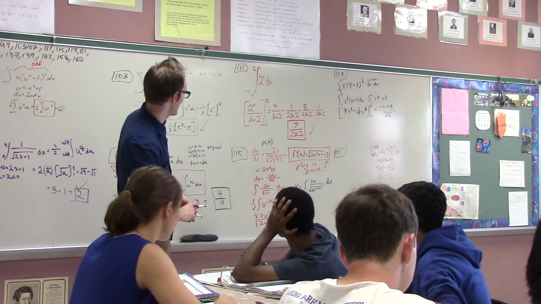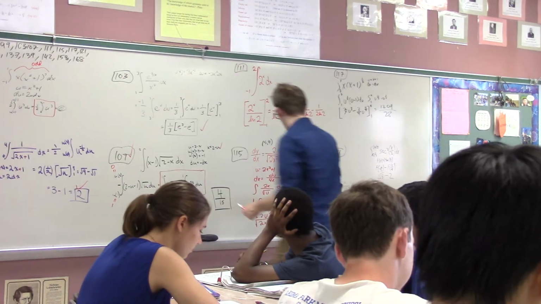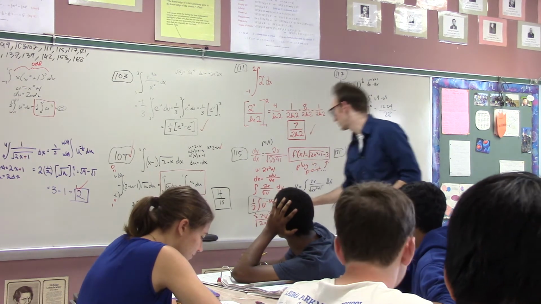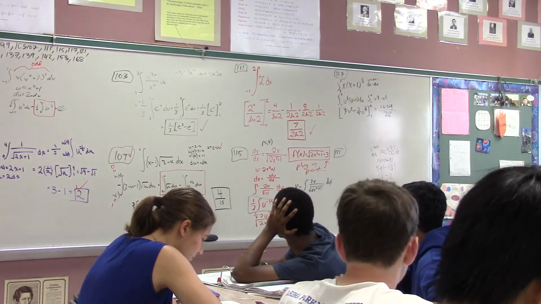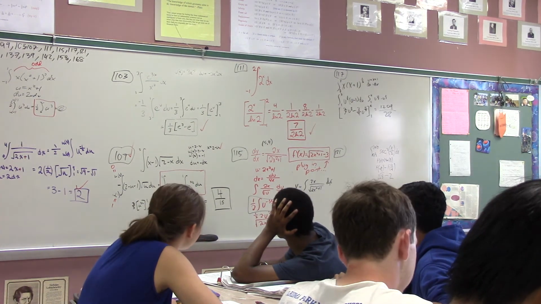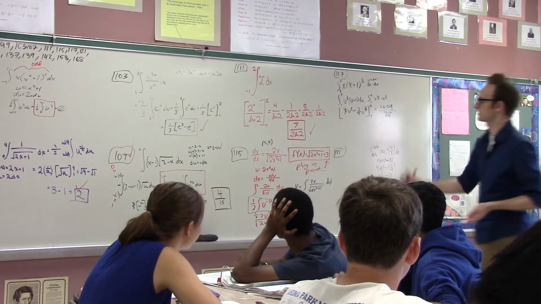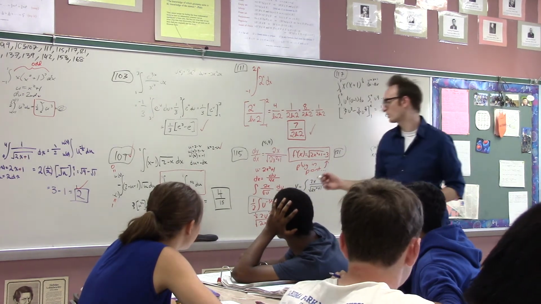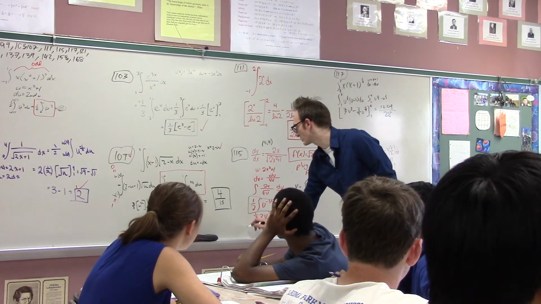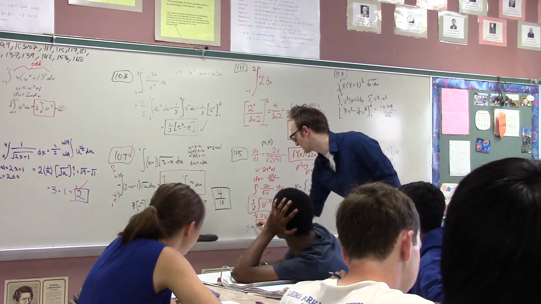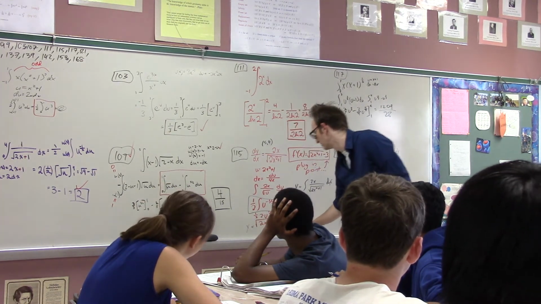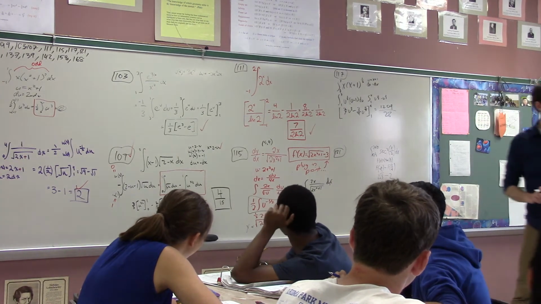If you stick that back in, things cancel, and you eventually end up here, which, when you anti-differentiate, you get that. And then she substitutes the thing back in. So the conclusion is that this function y has to be like this plus c. It's going to be one of those functions.